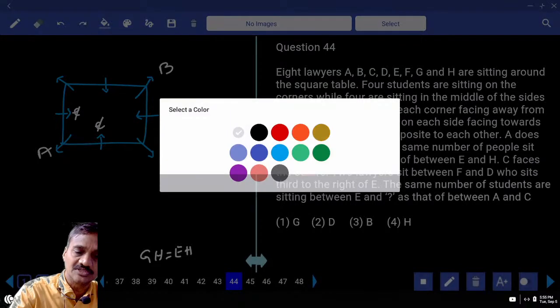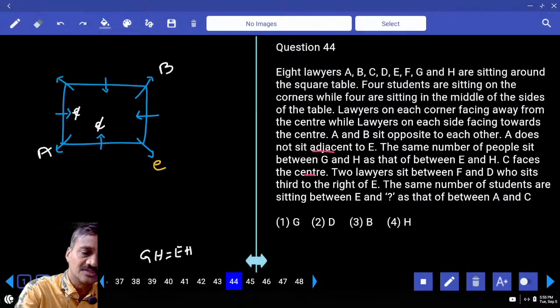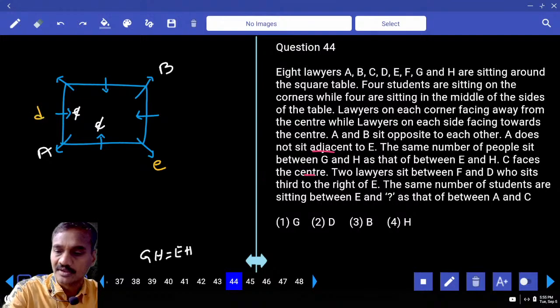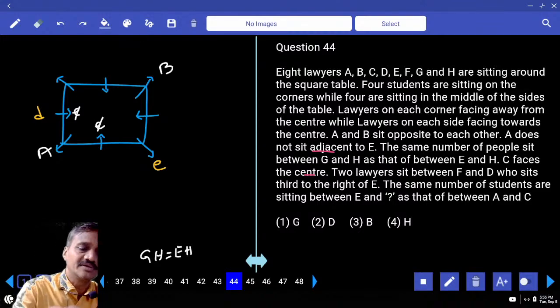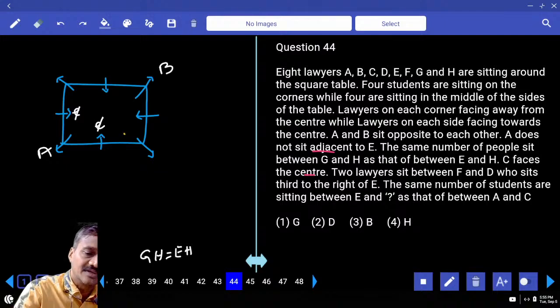Let us check out the possibilities. Now if E is here and D sits to the right of E, D is here, and two lawyers between D and F. Now F must be here or here, which is not possible, isn't it? Hence, E cannot be here as well. Am I following? Then, can you take E here?